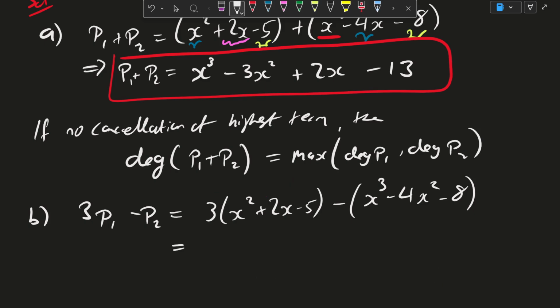So we get a 3x squared plus 6x take away 15. And then anytime we have a subtraction, think of this as like a minus 1 sort of hiding in there. So we have minus 1 multiplying with all that, so we get negative x cubed plus 4x squared plus 8.